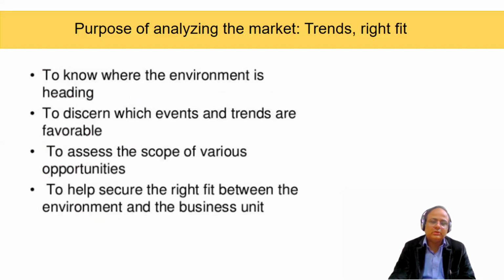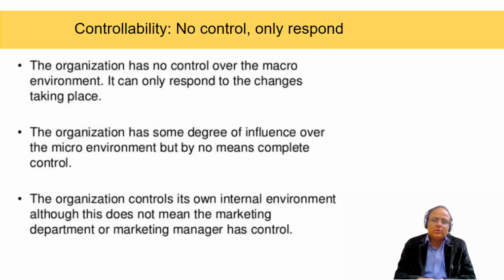So let us understand the purpose of analyzing the market. The main purpose is to find out the trends and become the right fit, while having internal strengths and weaknesses to be worked upon and maintaining the micro and macro environment. So we should know where the environment is heading, to discern which events and trends are favorable, to assess the scope of various opportunities and to help secure the right fit between the environment and the business unit.